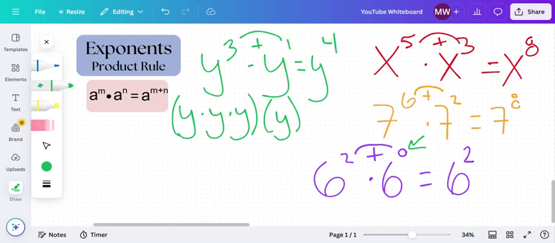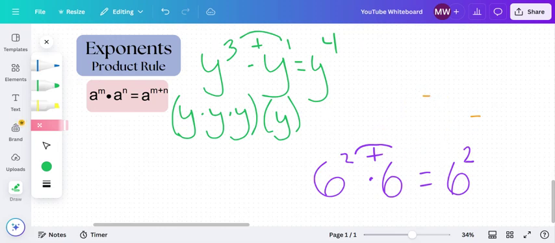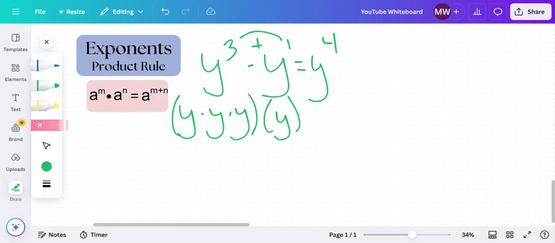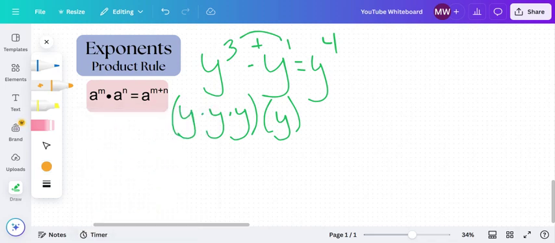Okay. We can also do some more difficult problems that have more than 2 things being multiplied against each other. So let's try one that has 3 things in it. All right, so let's do x to the third times x to the fourth times x to the fifth.